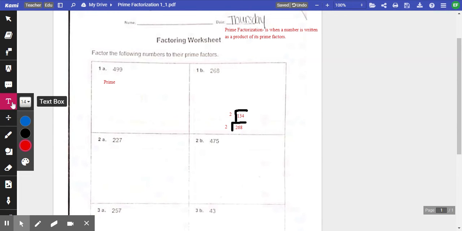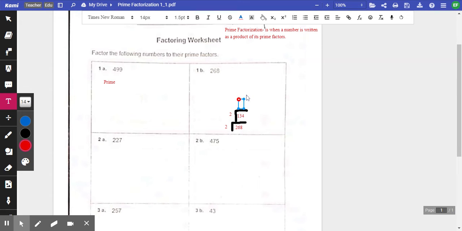And now we're doing 134 divided by 2. 134 divided by 2 is 67. So once again, our answer goes at the top.